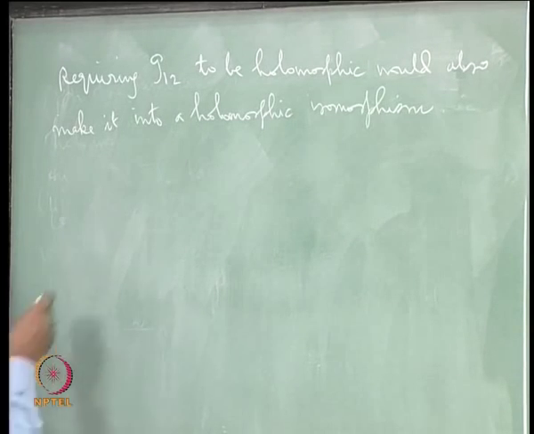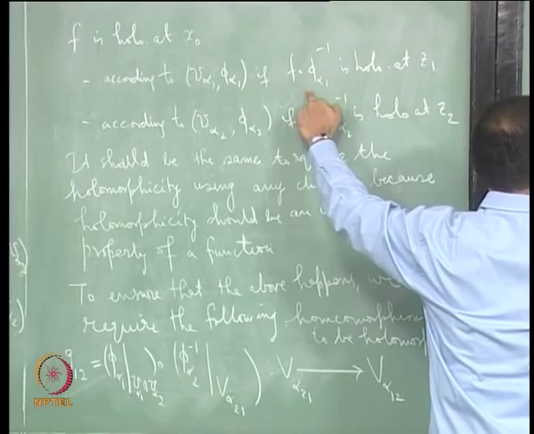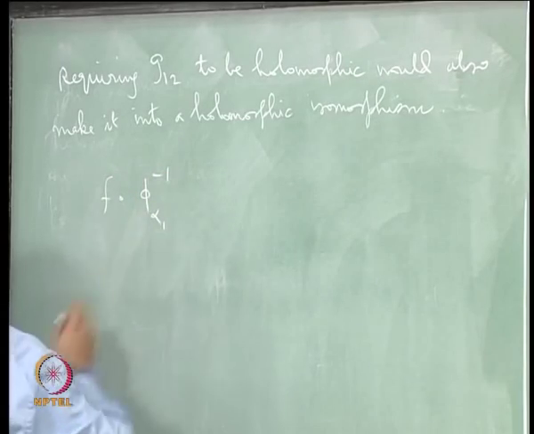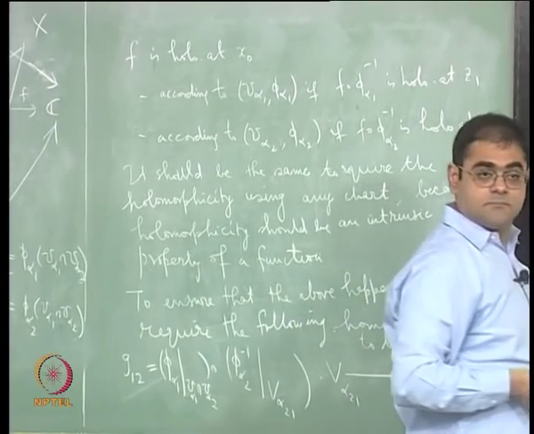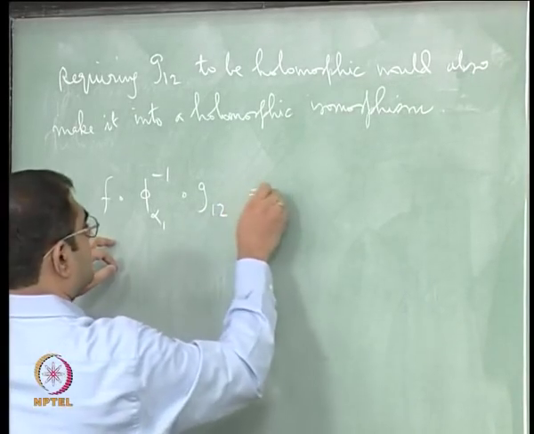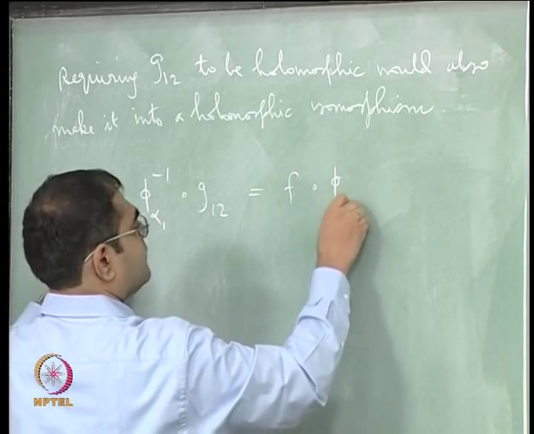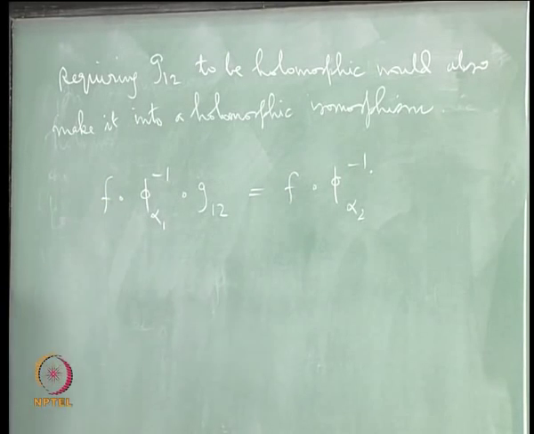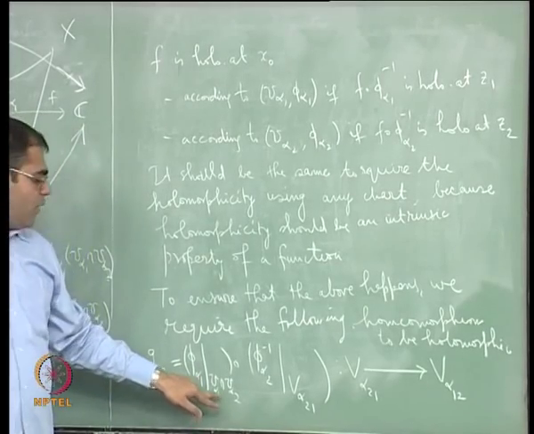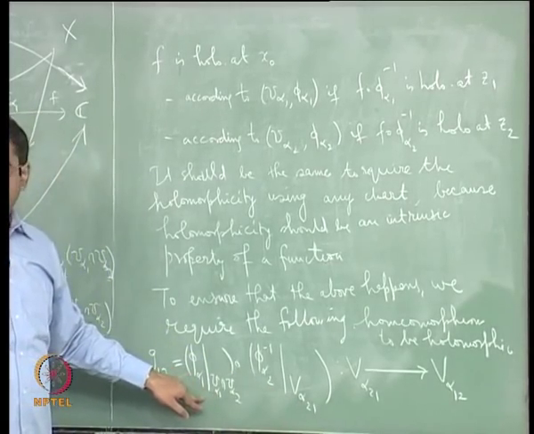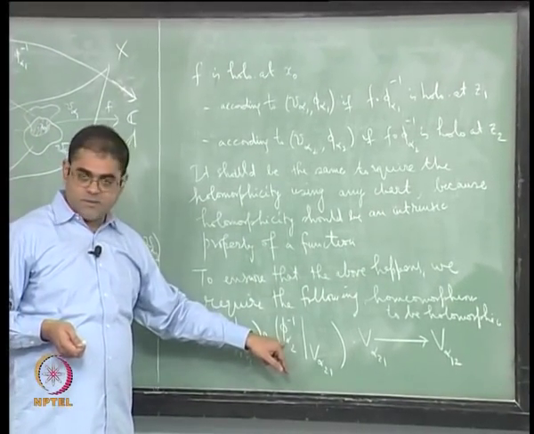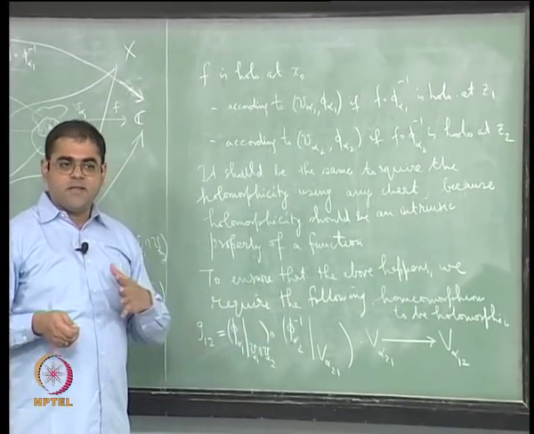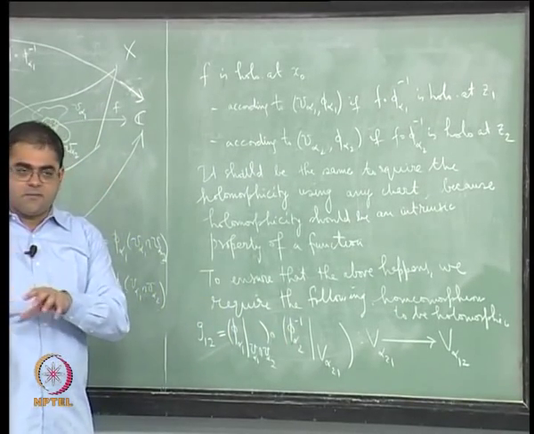You see, F circle phi alpha 1 inverse, if I compose it with G12, I get F circle phi alpha 2 inverse. If I do not worry about writing these restrictions, which is a little cumbersome, I just write G12 as phi alpha 1 circle phi alpha 2 inverse, with the meanings as to where these maps are being taken understood.